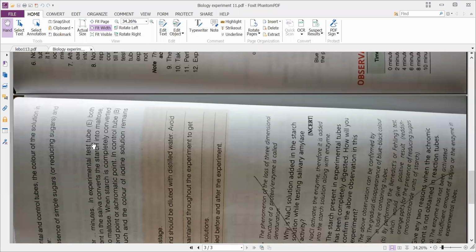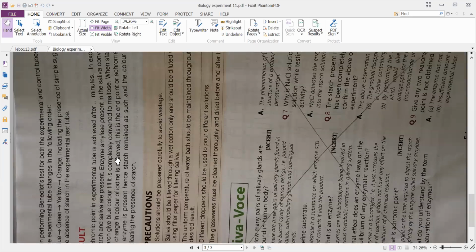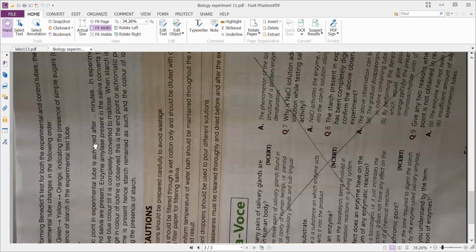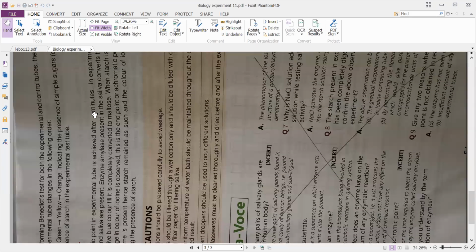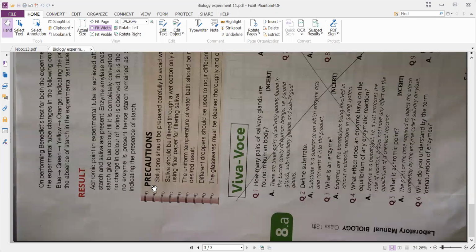Remaining all you leave, no need of writing. Only the first point, up to minutes. And next followed by precautions.